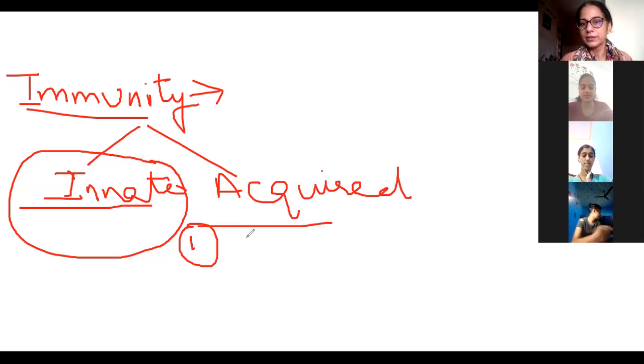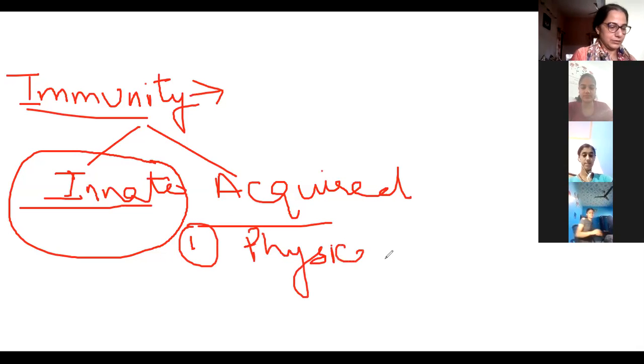Physical barrier. What do you mean by physical barrier? It prevents the entry of microorganisms. It protects the entry of microorganisms.